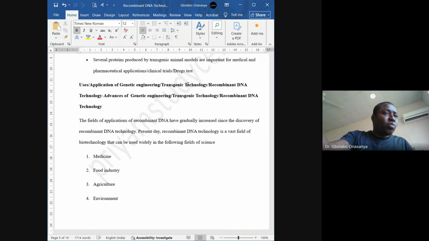Is it yogurt? Is it wheat? We don't need to carry already fermented material. We have generated millions of copies of these fermentation organisms. Transgenic technology, genetic engineering, recombinant DNA technology will do all of this for us.